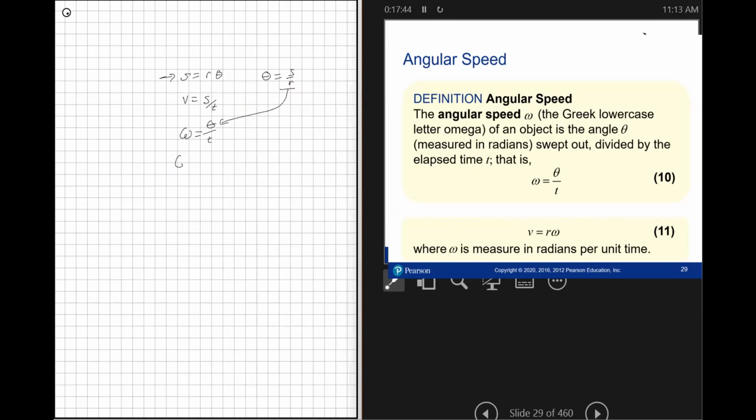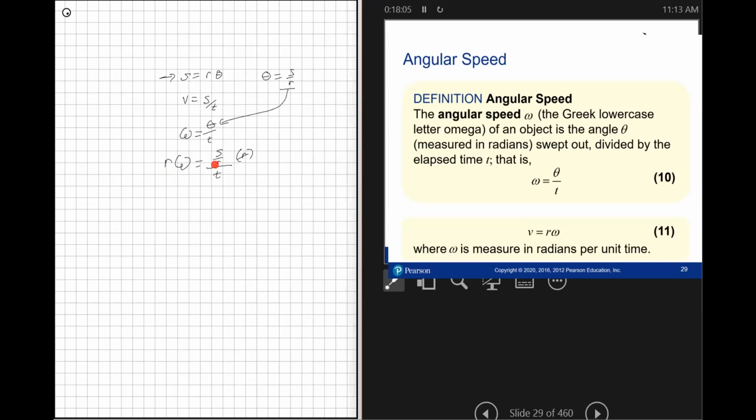So now I have omega equals s over r being divided by t, by the time. So if I multiply this side by r, that means I'm going to multiply the numerator of this fraction by r, and I have to multiply this side by r.